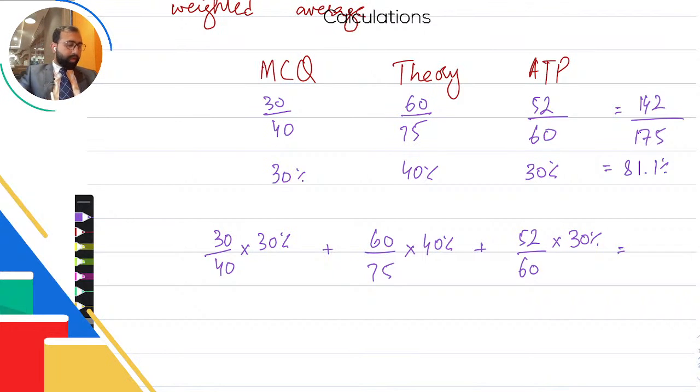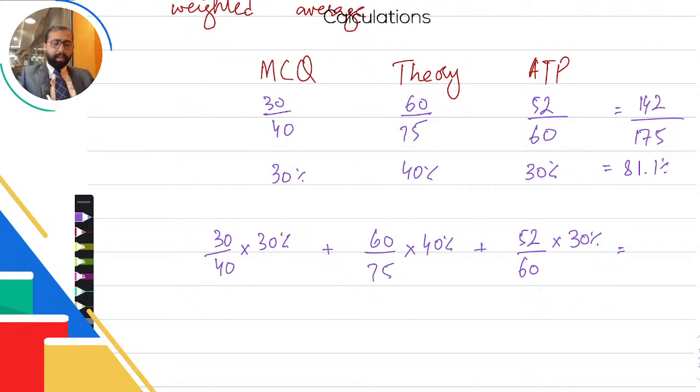All right, so I'll just take 30 divided by 40 times 30%. I can also just multiply by 0.3 to get the same answer, plus 60 over 75 times 40%, plus 52 over 60 times 30%.